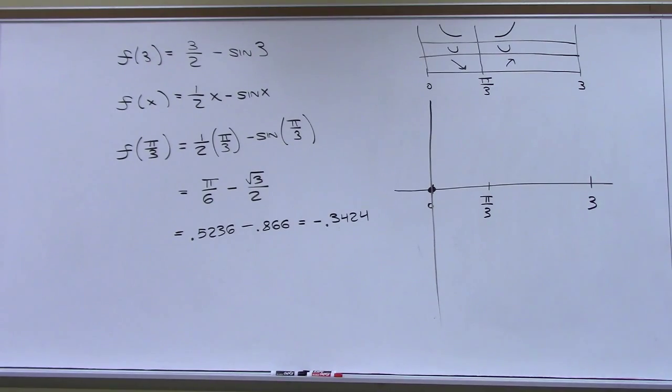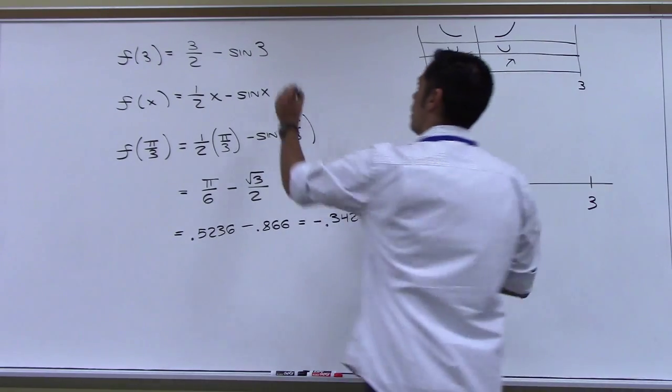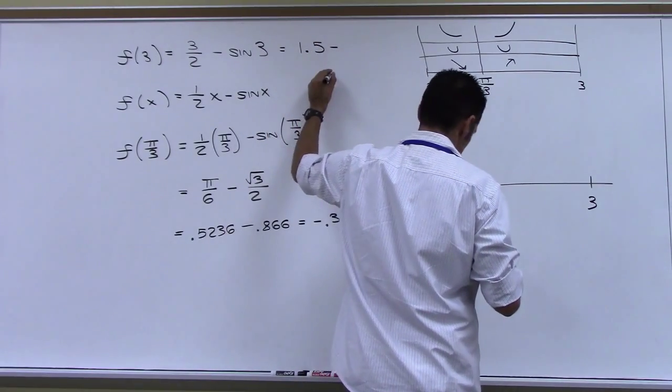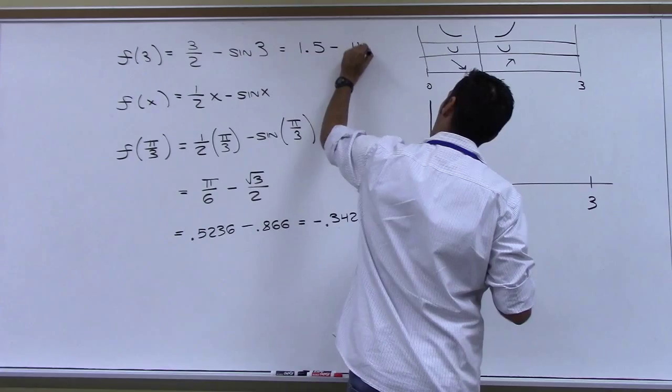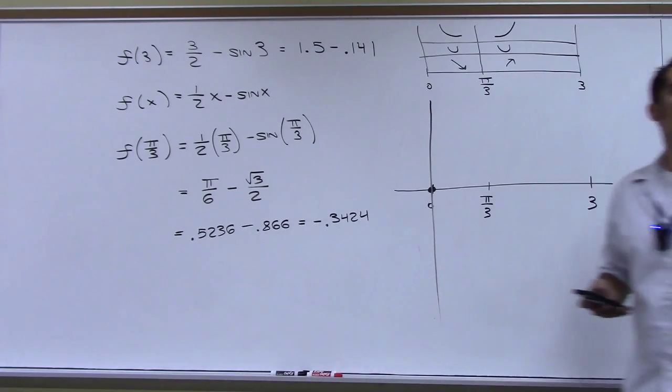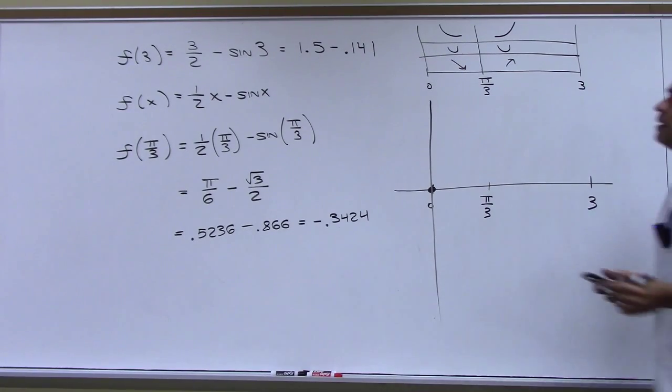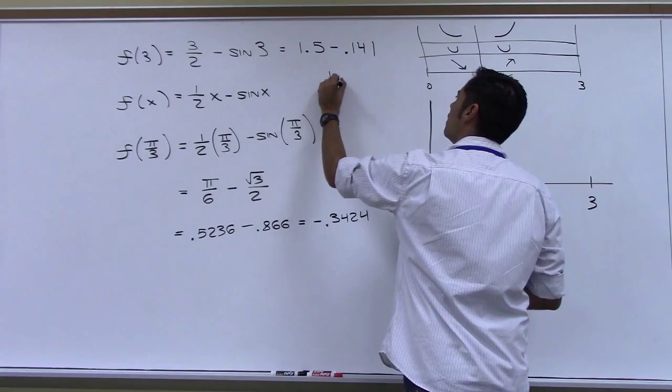Make sure you're in radian mode. So 3/2 is 1.5 minus 0.141. Yes, it is positive, but I want to know what the value is so I know how high to put it, right? So 1.359, is that right?